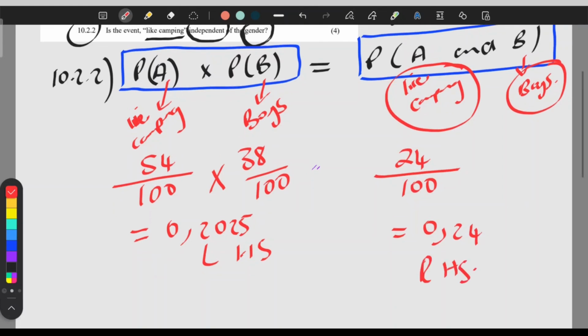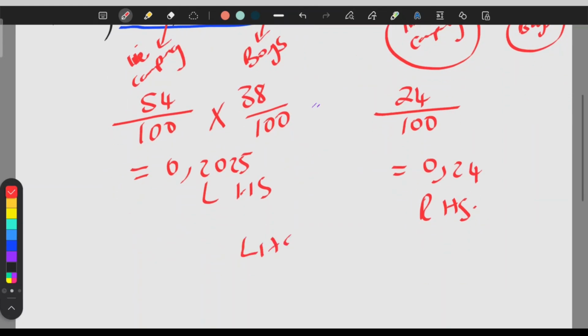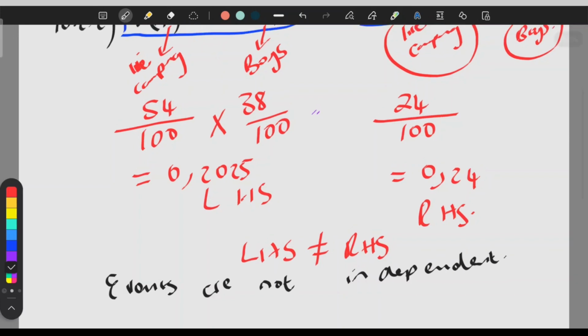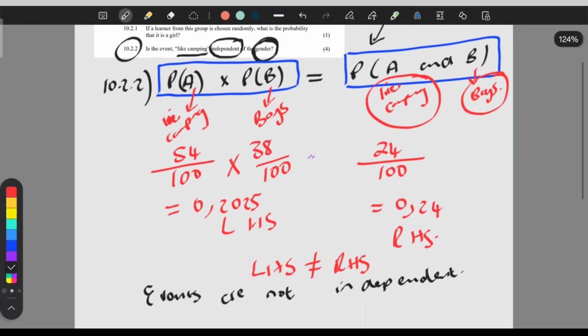So can you see this is the right-hand side? I can see that the left-hand side is not equal to the right-hand side. So if they are not equal, then we can say the events are not independent. And that's how you would do that question. So you do a left-hand and a right-hand side.